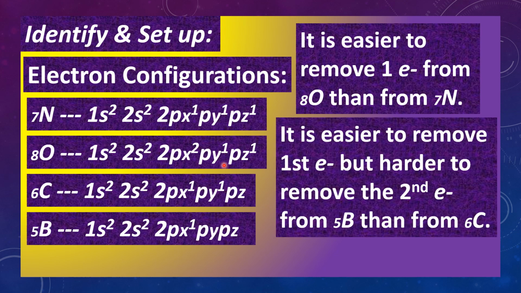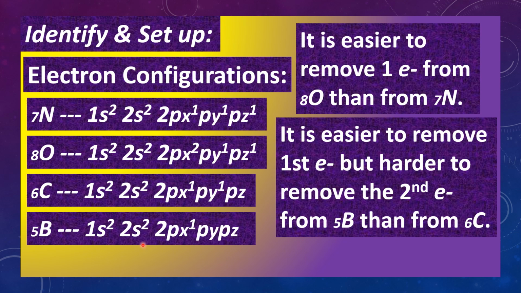We say that it is easier to remove the first electron from boron than from carbon. The reason is that in carbon there are two p orbitals that are half filled.